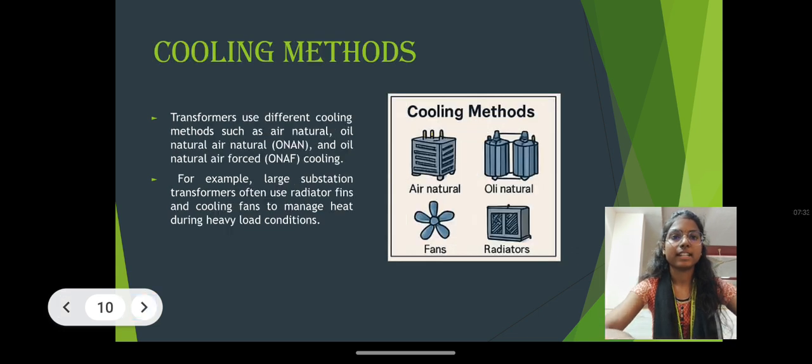Cooling methods. Transformers use different cooling methods such as air natural, oil natural air natural, and oil natural air forced cooling. For example, large substation transformers often use radiator fins and cooling fans to manage heat during heavy load conditions.